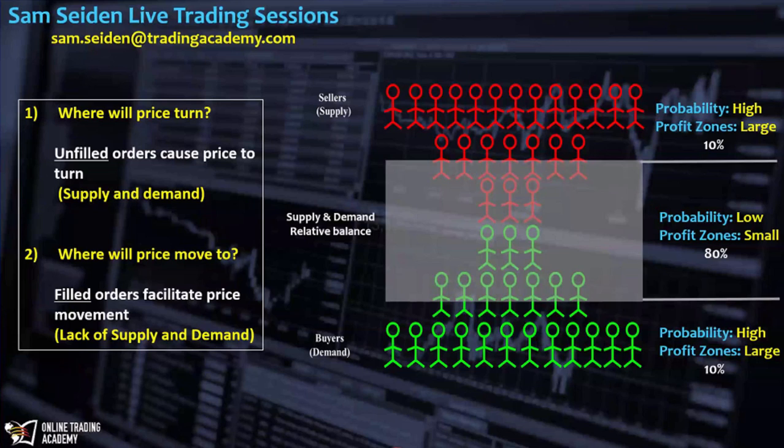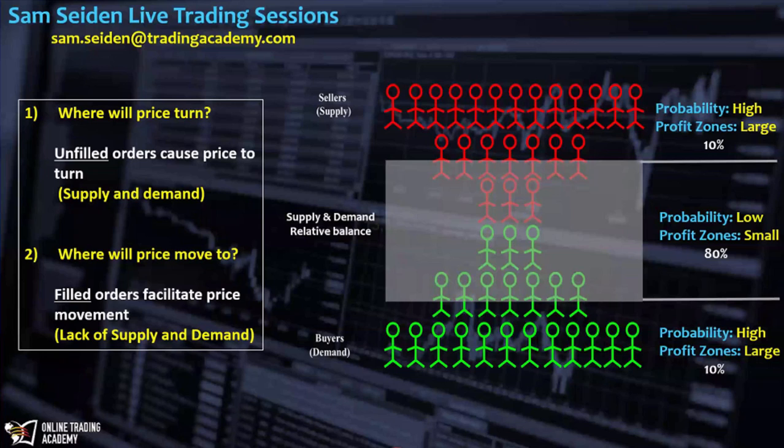Now, if you look at the first question, where will price turn? Price turns at levels where supply and demand are most out of balance, right? But let me ask you, at price points where supply and demand is most out of balance, do you get lots of trading activity or very little?